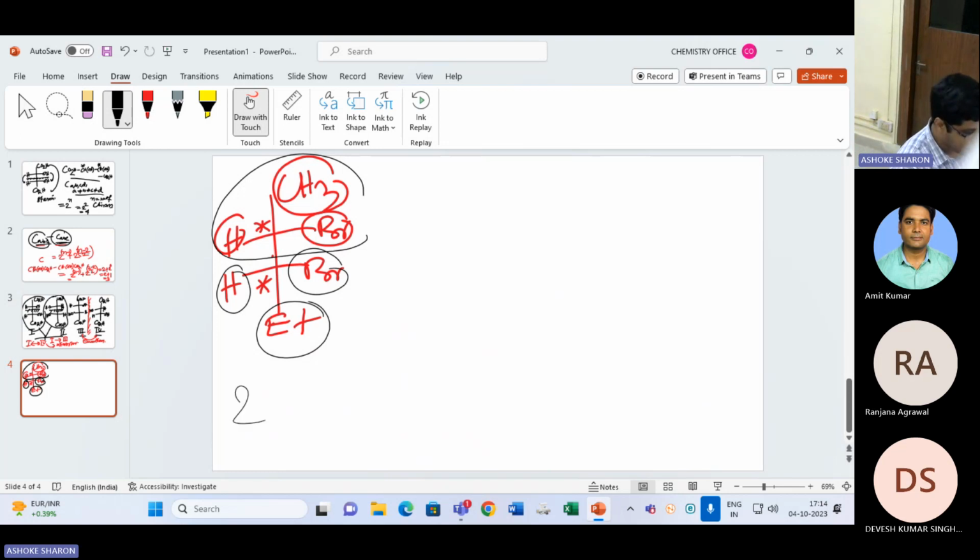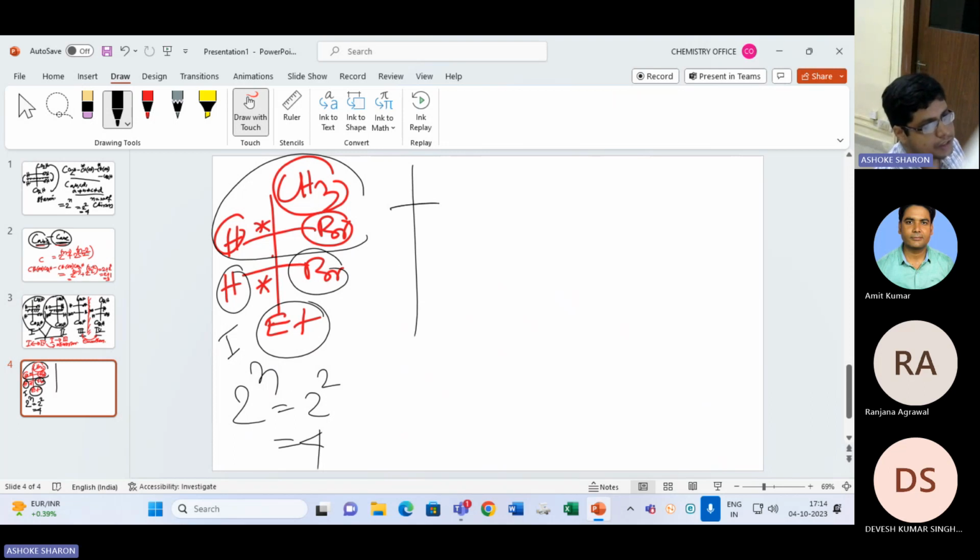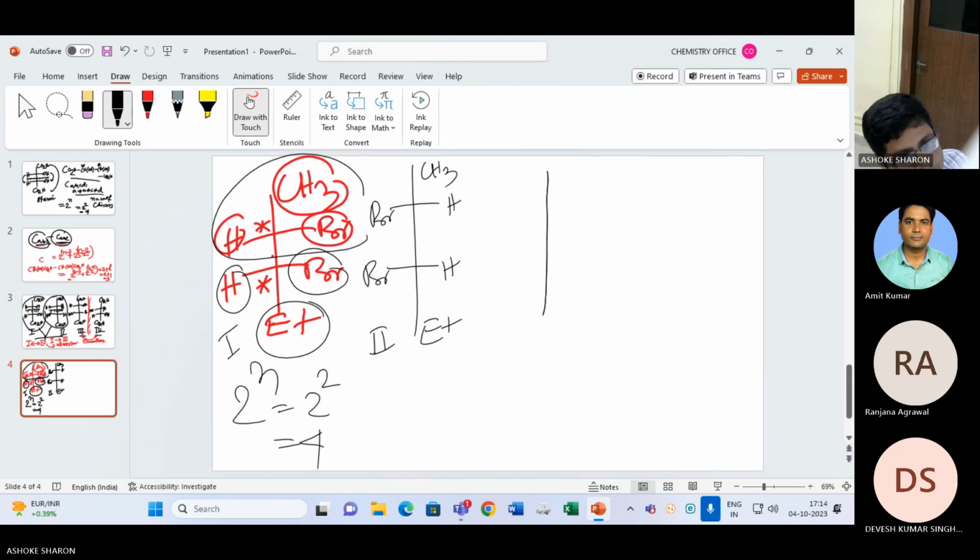So in this case, the formula will be only 2 to the power n. So that means 2 to the power 2, you will get a total of 4. Whatever I have drawn, this is the 1. There is another possibility: bromo, bromo, hydrogen, hydrogen, CH3 and ethyl. This is the 2.